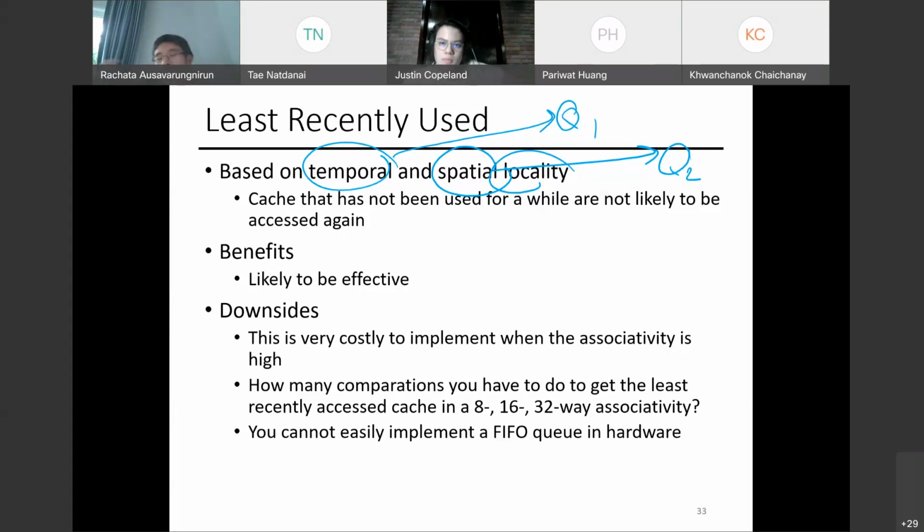So we have a way to approximate it. We are not going to cover it for the purpose of this class. It's a little bit advanced. From the programmer's point of view, the software point of view, hardware always tries to approximate the LRU policy. That's what you can assume. It's something similar to LRU.